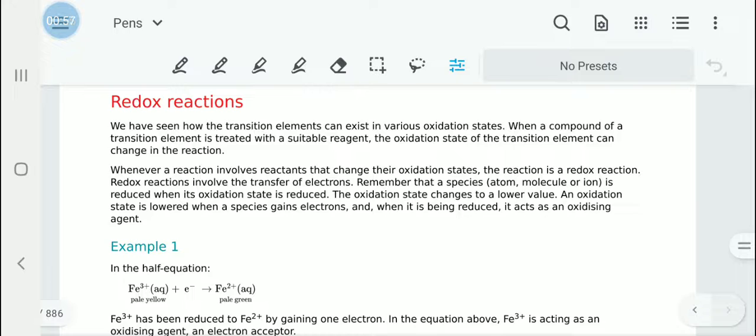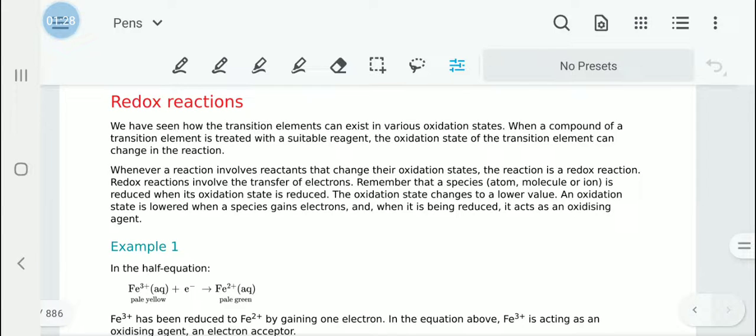Now, transition elements can exist in various oxidation states, a factor that we already established, and we saw that they have different colors. When a compound of a transition element is treated with a suitable reagent, that element's oxidation state can be changed.